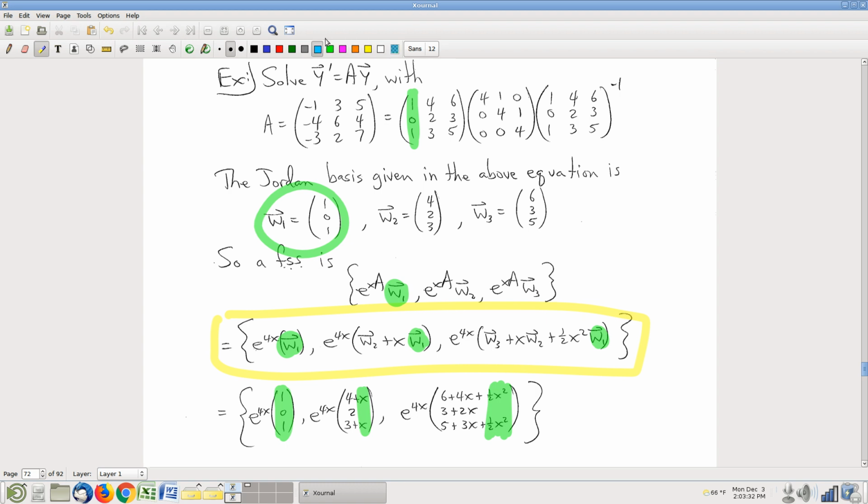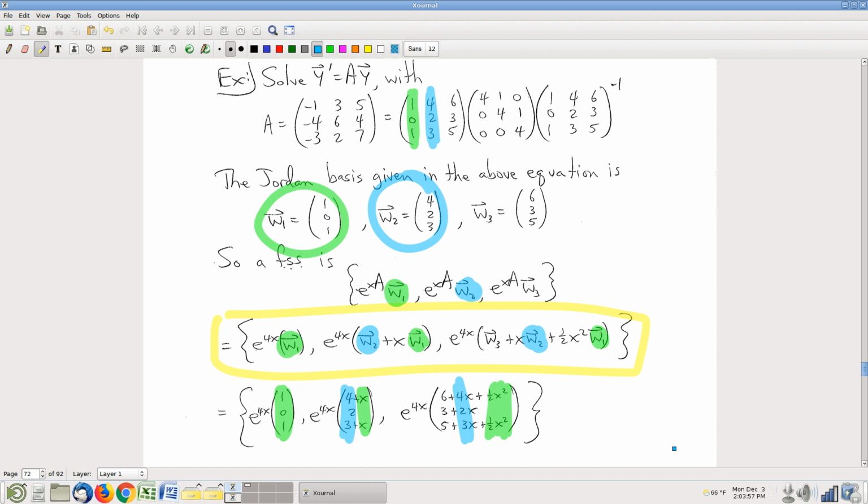W2, you see there, and thus here and kind of there, etc. Everybody good?